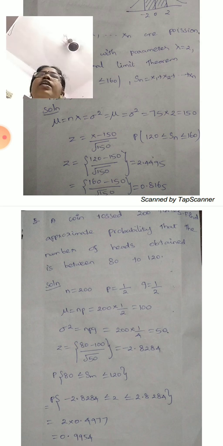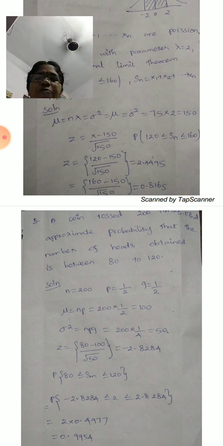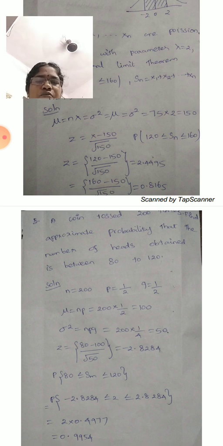Already we know that the probability of minus a less than or equal to z less than or equal to a, we can write as 2 into the probability of 0 less than or equal to z less than or equal to a. Therefore 2 into the probability of 0 less than or equal to z less than or equal to 2.8284.